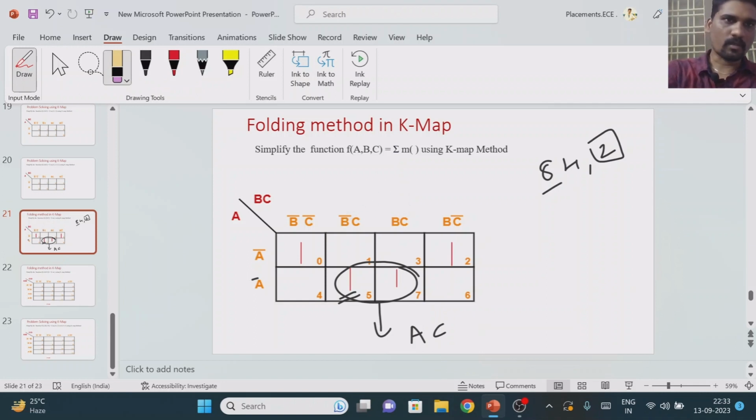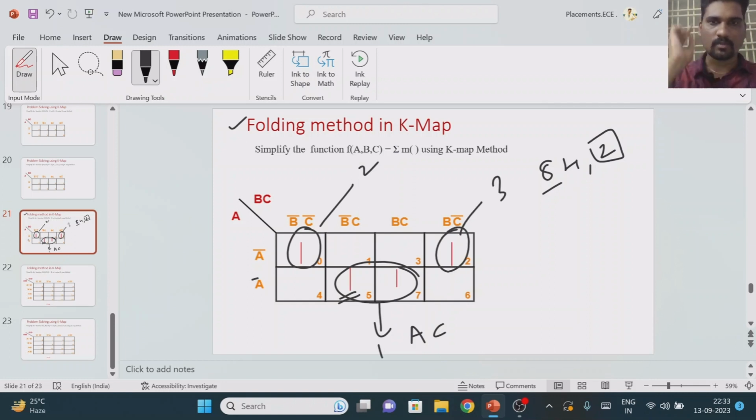Now here we have a problem. Generally, if you don't know the folding method, what we used to do is group like this, and we will get another product term, then a second product term, then a third product term. The reason we learn the K-map technique is to minimize the logic expression.